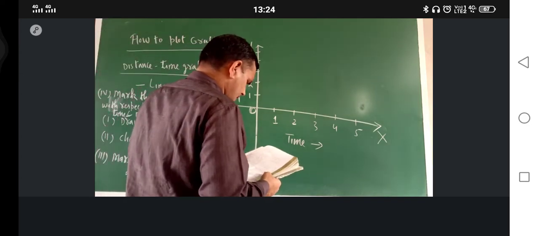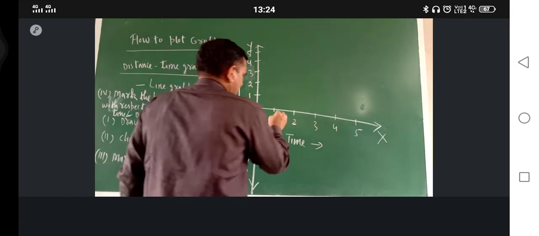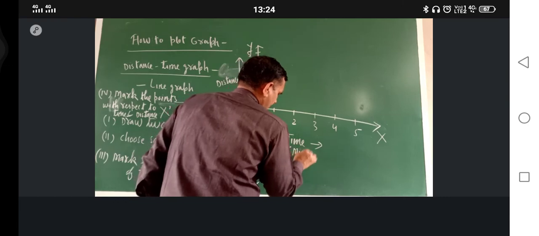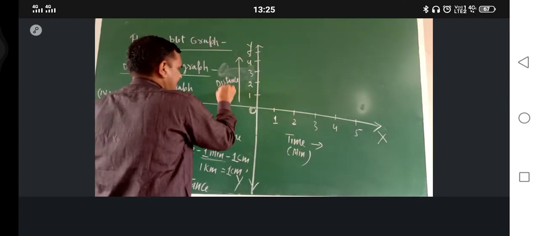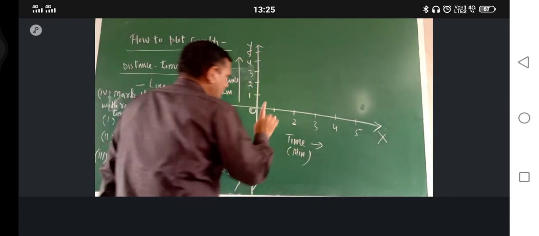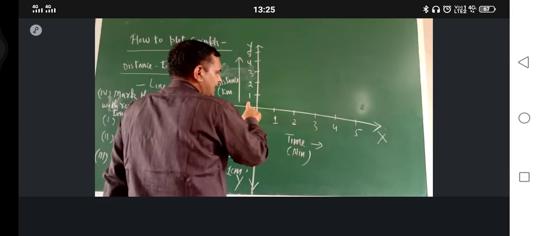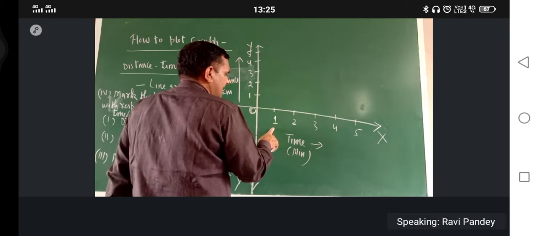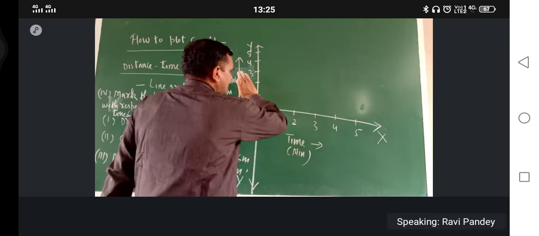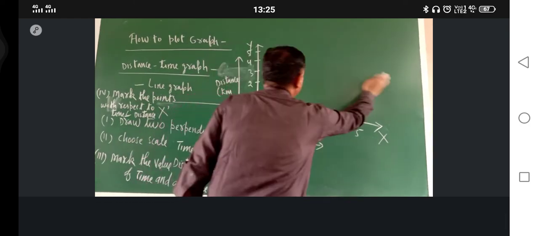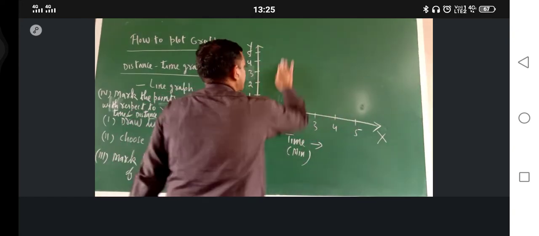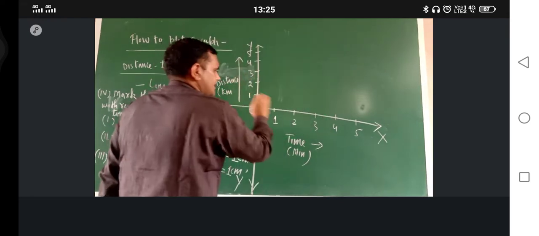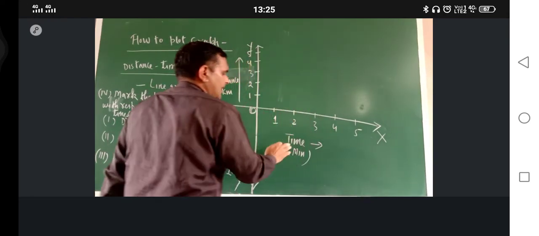Just try to understand it. This is time in minutes. This is the distance in kilometers. Suppose 1 kilometer distance is covered by one vehicle in 1 minute. Horizontally this area belongs to distance, and vertically this area belongs to time.